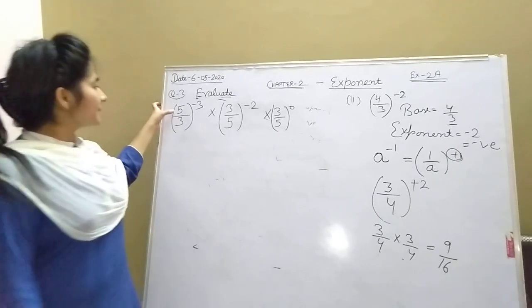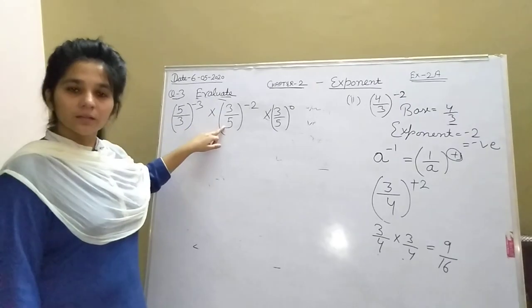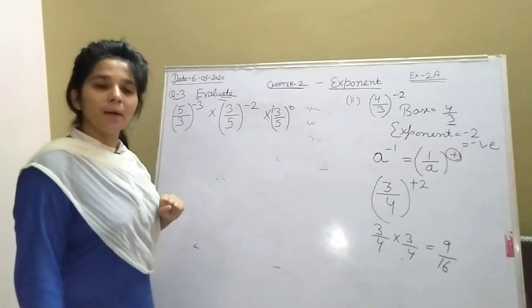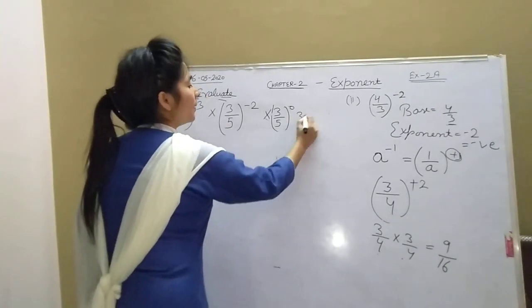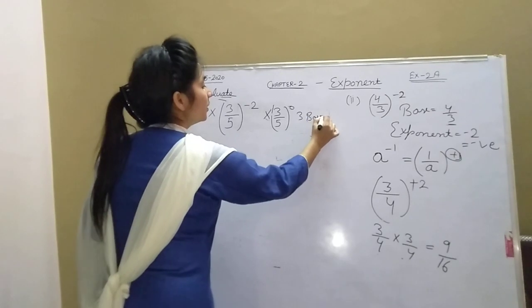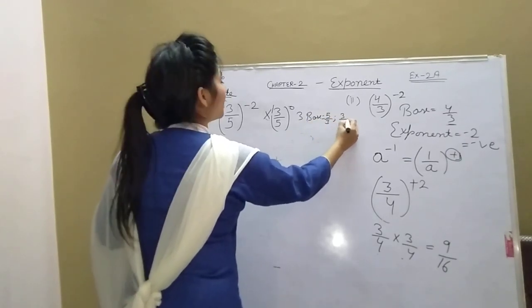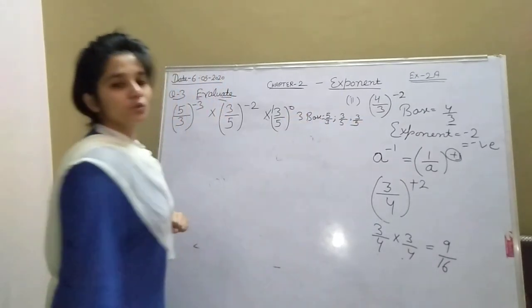Your first base is 5 by 3, second base is 3 by 5 and third base is again 3 by 5. We have 3 bases.